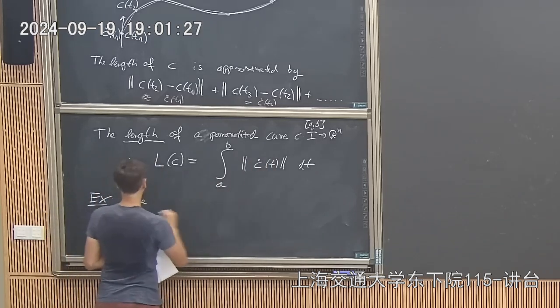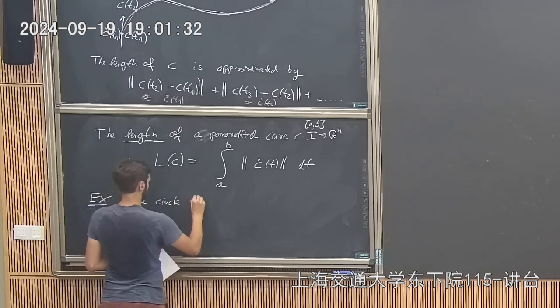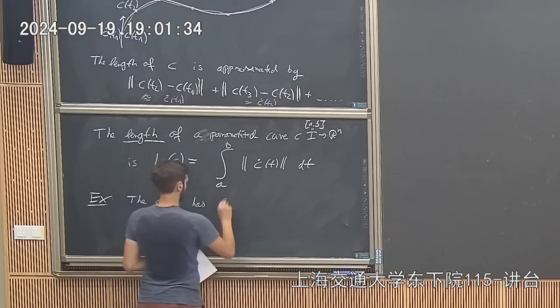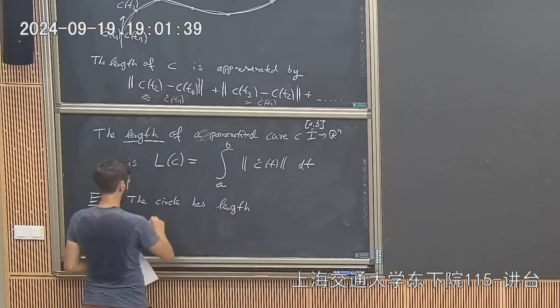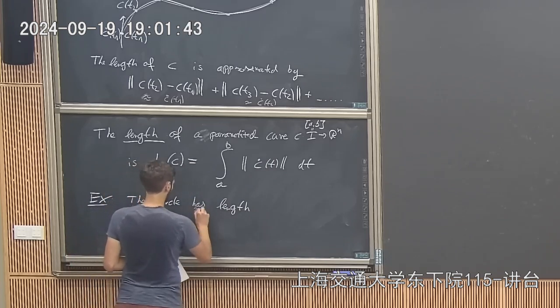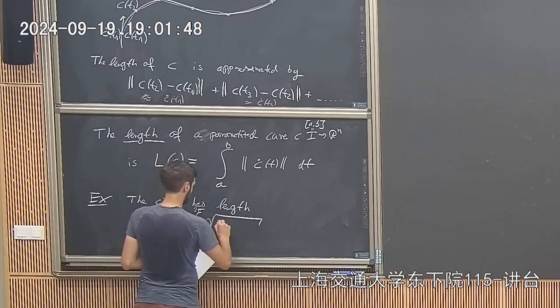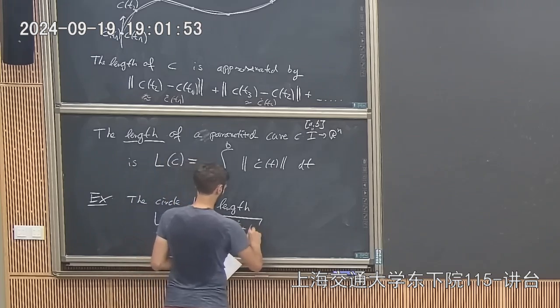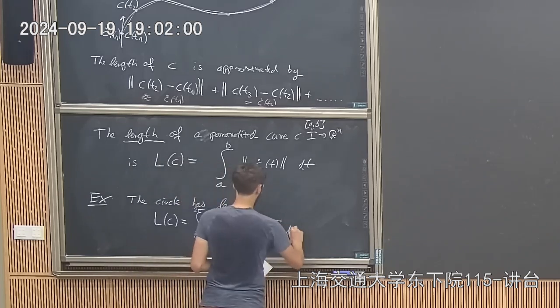We calculated what the first derivative looked like, and it was cosine and sine, so it was the integral from 0 to 2 pi of the square root of cosine of t squared plus sine of t squared dt.